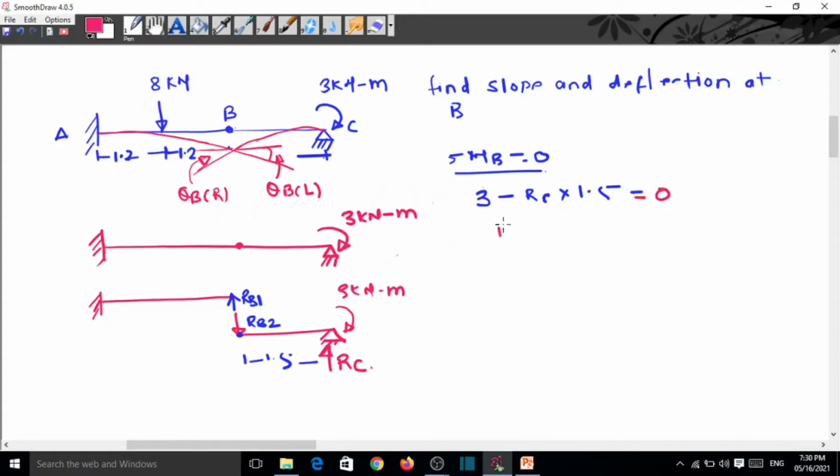So RC is 3 by 1.5, that is in kilonewton. So this automatically becomes downward 2 kilonewton, and automatically this becomes upward.